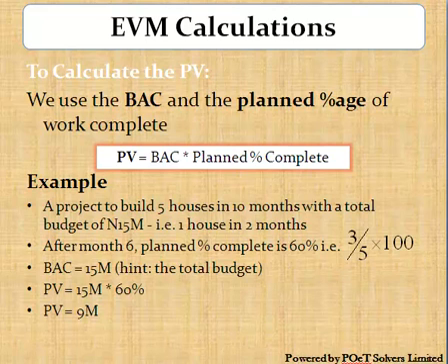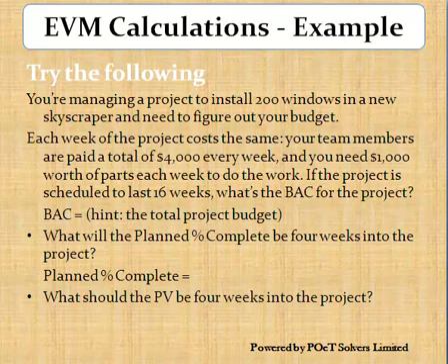Now, after the 6th month, the planned percent complete is 3, which is the number of houses to have been built for that number of months, divided by the total scope. This gives us 60%. The planned value is therefore 60% multiplied by 15 million naira, or our PV is equal to 9 million naira.